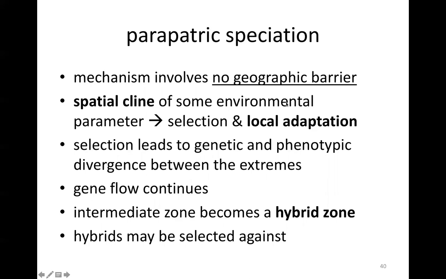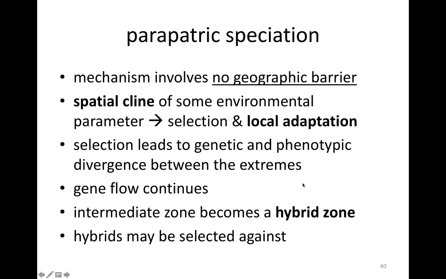And then what we have is selection and local adaptation of these populations, which are originally a single population, that leads to their divergence. So phenotypic divergence, specific adaptations, while gene flow is continuing. But when this happens, you can expect that the hybrids might have lower fitness.